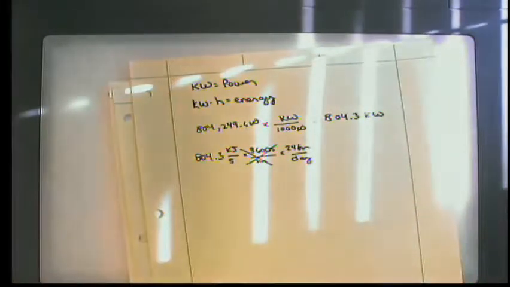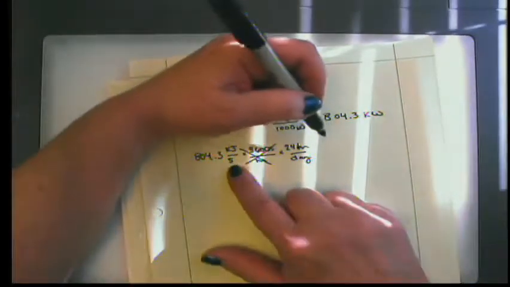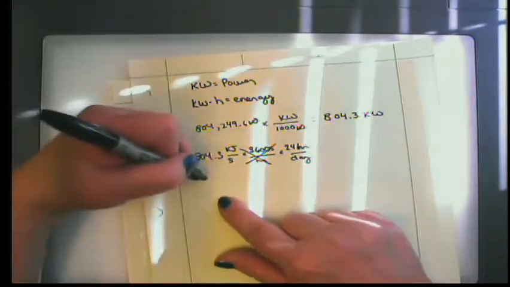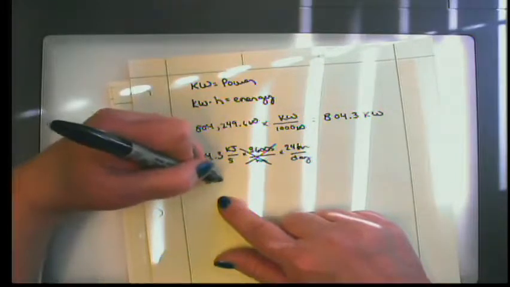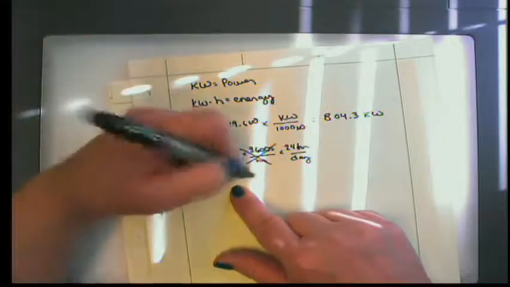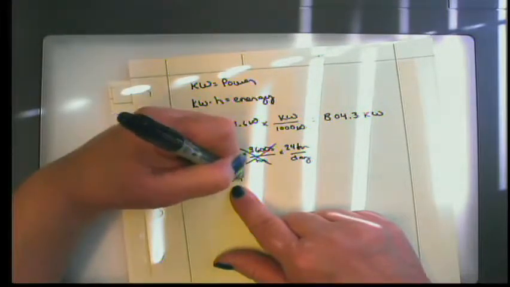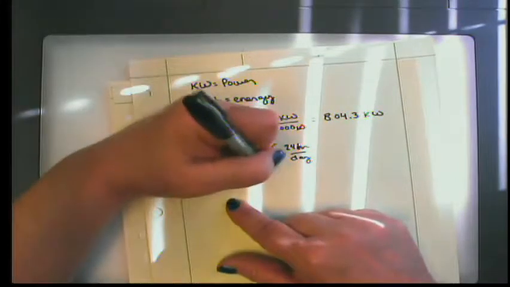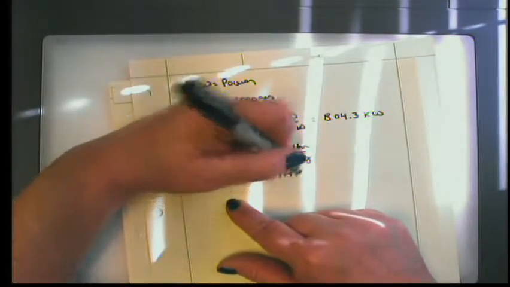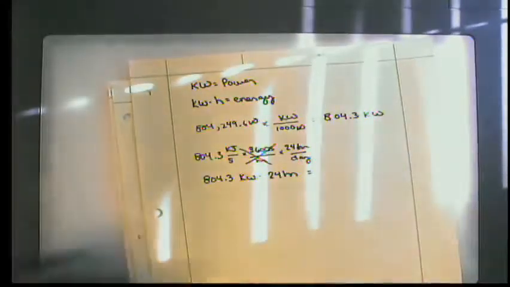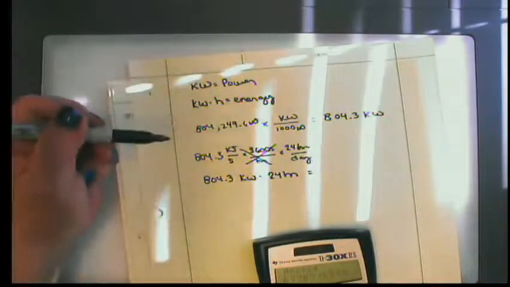It's 24, but why am I doing this backward? 804.3 kilowatts, I guess times 24 hours, is equal to that number of kilowatt hours. I always do this too complicated, I apologize for that.